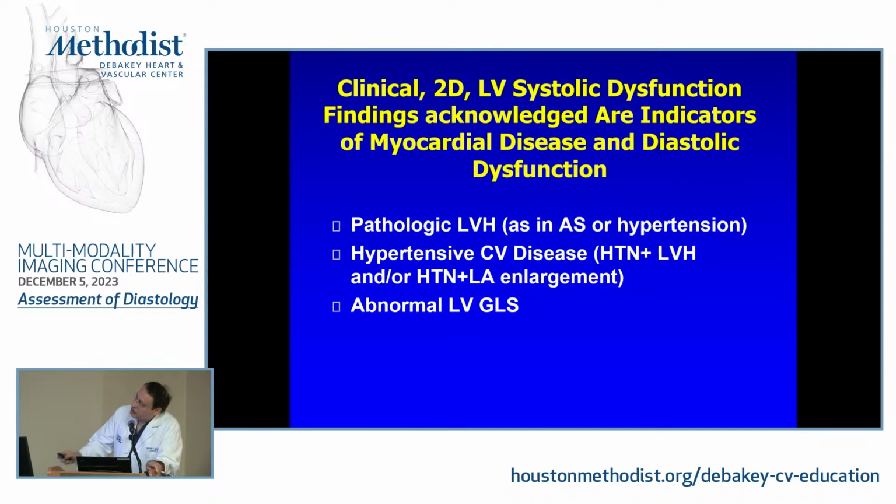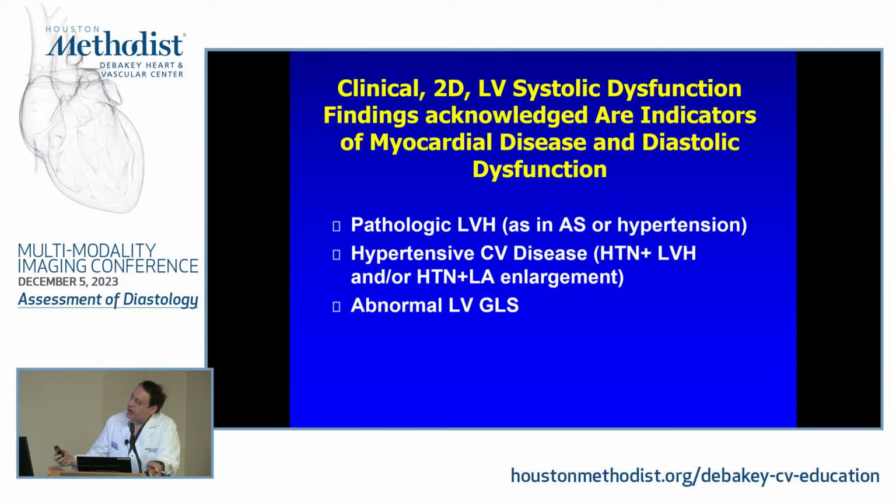So you need to know the clinical history. You need to look for evidence that tells you there is structural heart disease, like ventricular hypertrophy, seen in patients with significant degrees of aortic stenosis or patients with hypertension. So hypertension is important to know from the clinical history.